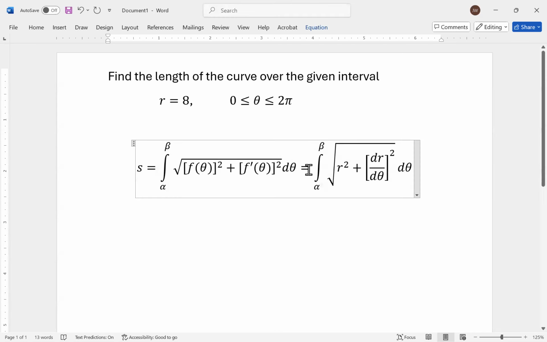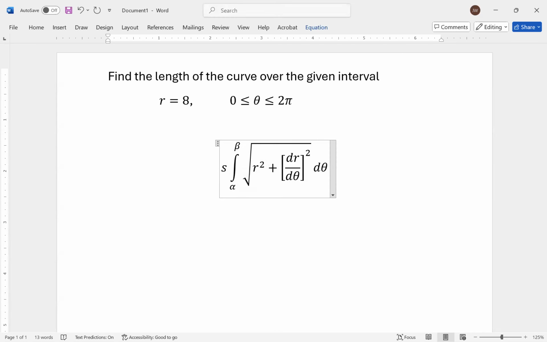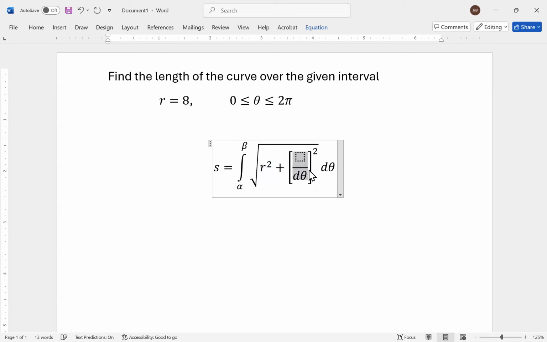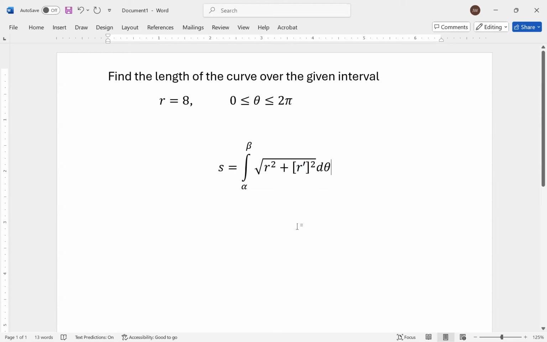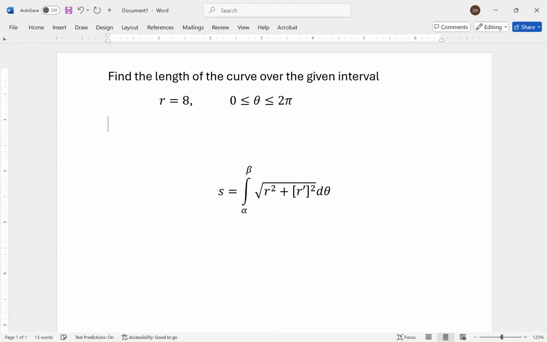Again, what I typically do is I typically think of this as r squared plus r prime squared. So that's how I typically think about that. And here r is equal to 8.